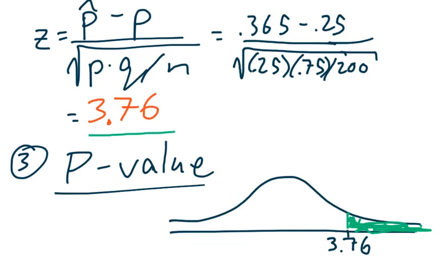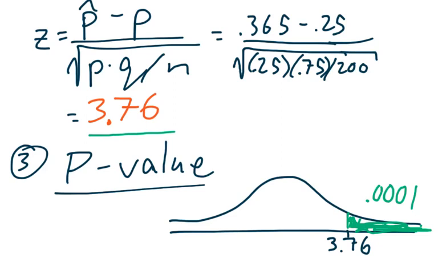However, here's the rule of thumb that we're going to use. If our z-score is off the charts, so to speak, and it's a small area like this, the right area for a positive z-score, we're just going to say it's 0.0001.